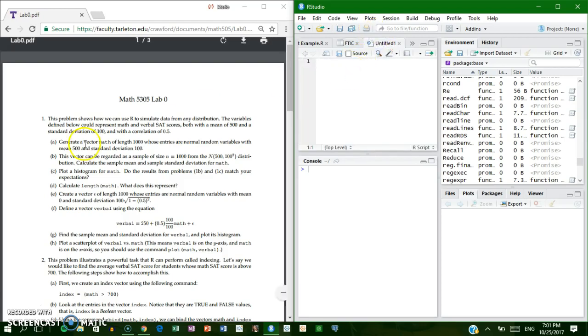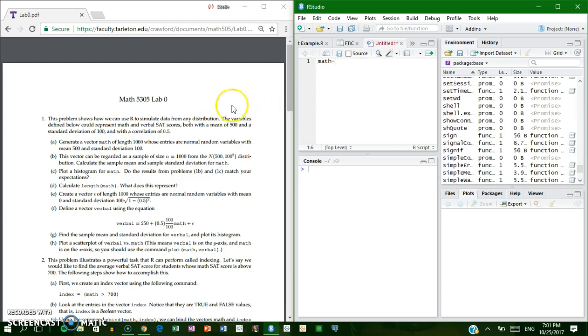In part A, it says to generate a vector math of length 1000 whose entries are normal random variables with mean 500. To generate a vector in R, we can just call it math, so we're going to call math equal.